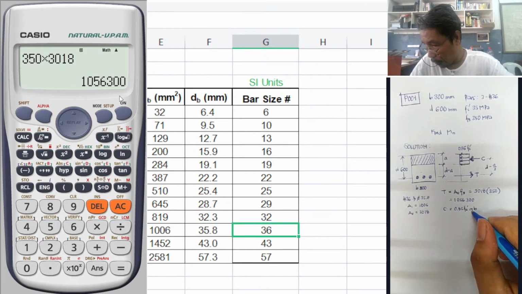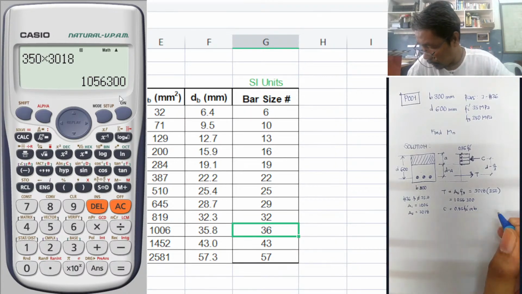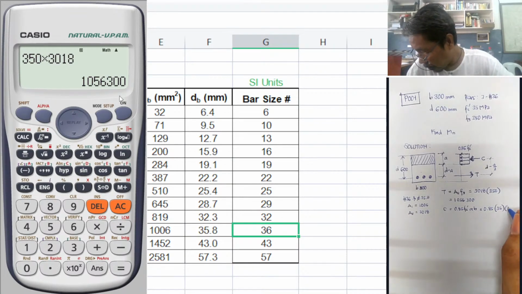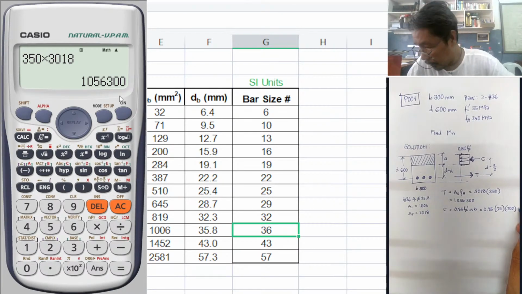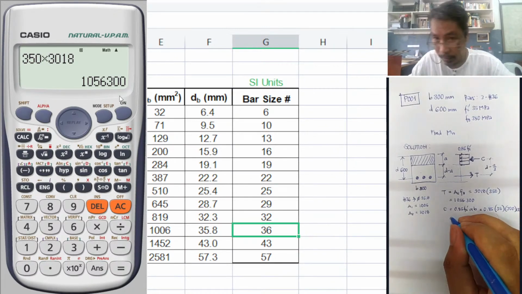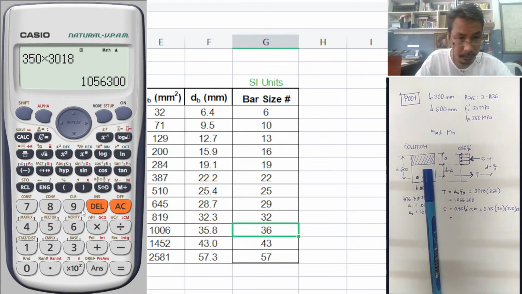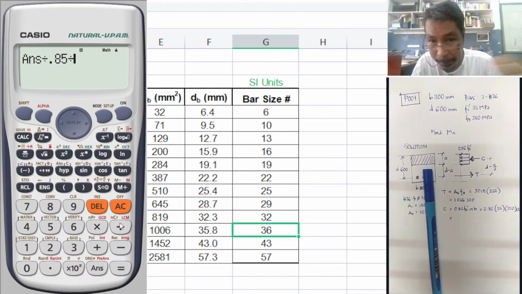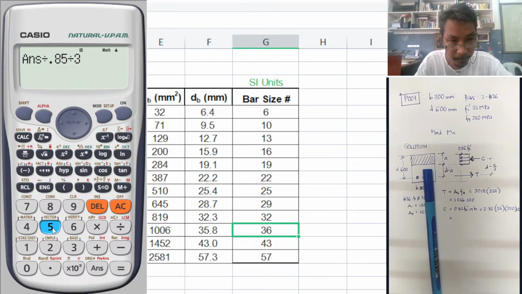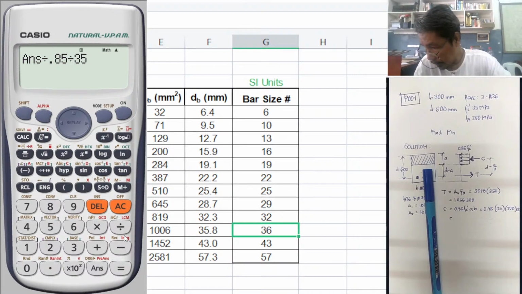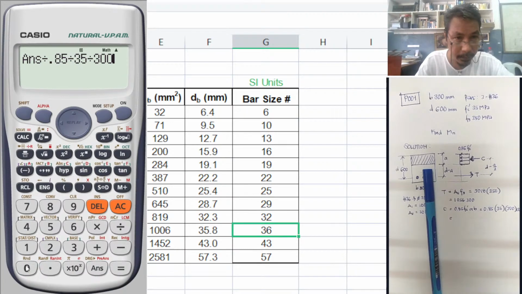We do not know what A is, therefore we can find out the value of A. Let us form the equation. 0.85 FC prime is 35, B is 300, and multiply by A. We can therefore divide this by 0.85, divide by 35, and divide by 300, so that we can find out the value of A.